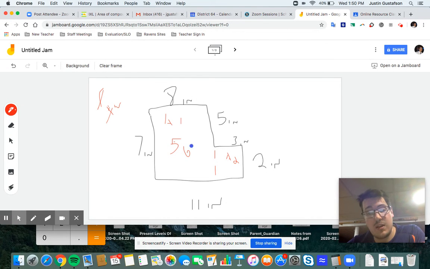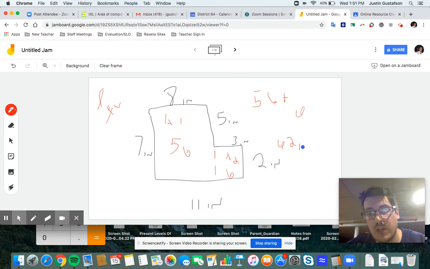I'll put my 56 in there. Okay. And then I have 3 times 2, which is 6. 56 plus 6 is 62. And there's my final answer. Psych! It's not. I have to label things, right?